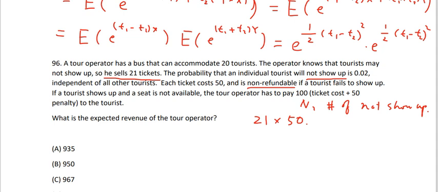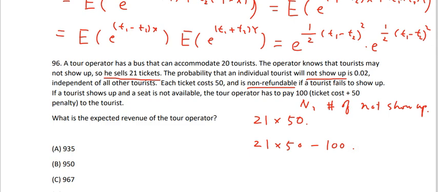So he can keep the revenue. But if all people come and no one fails to show up, then in this case the revenue should be minus 100, right?